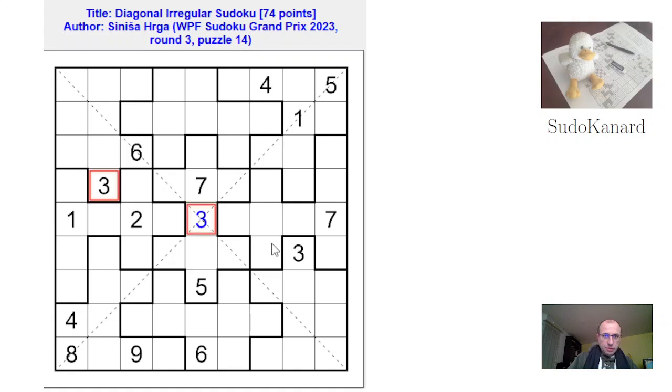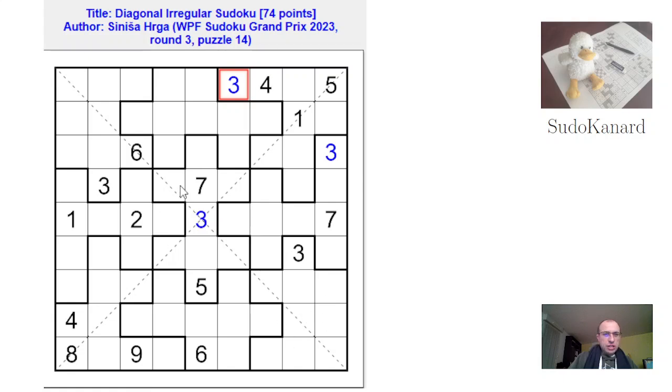Now those 3's conspire to remove all those cells for digit 3, so in this region only there is acceptable. On this region we can remove those cells, so 3 has to go here.